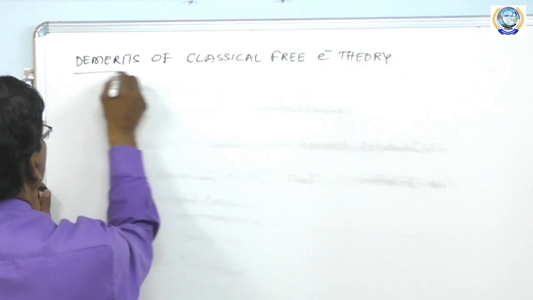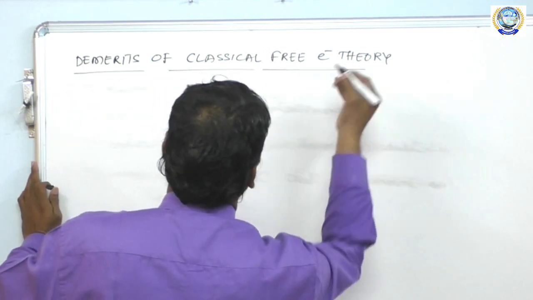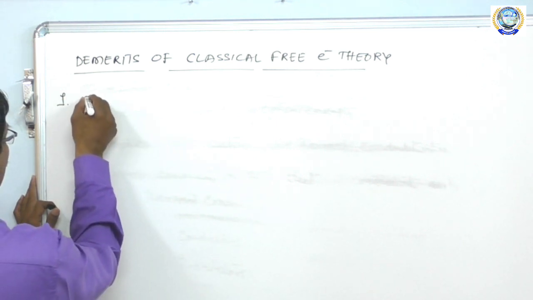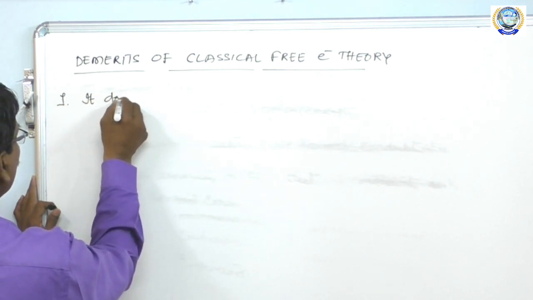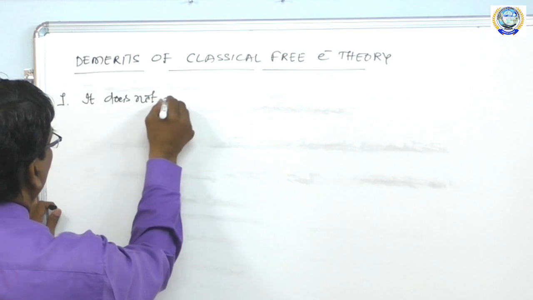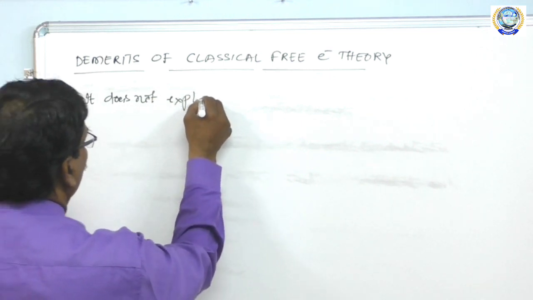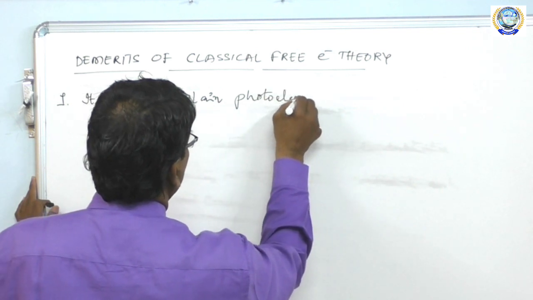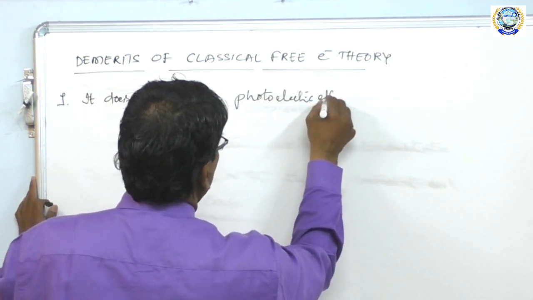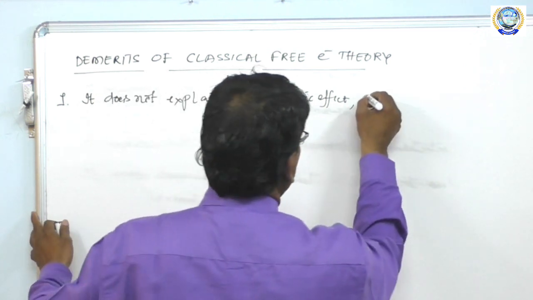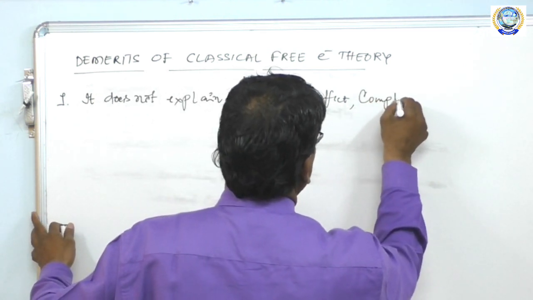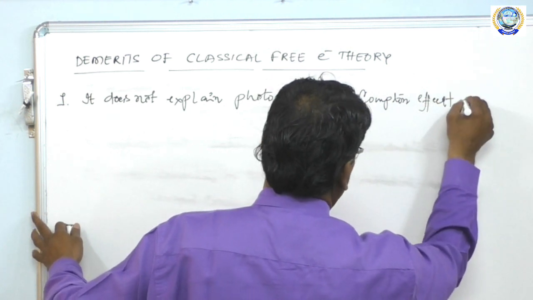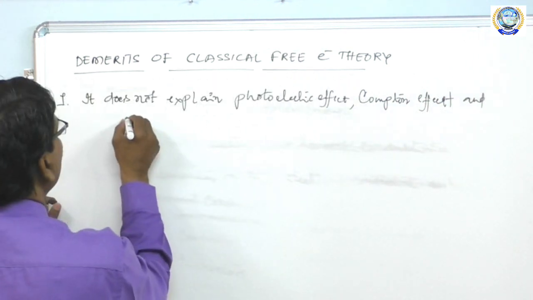Let us see this. The first demerit is it does not explain photoelectric effects, Compton effects, and black body radiation.